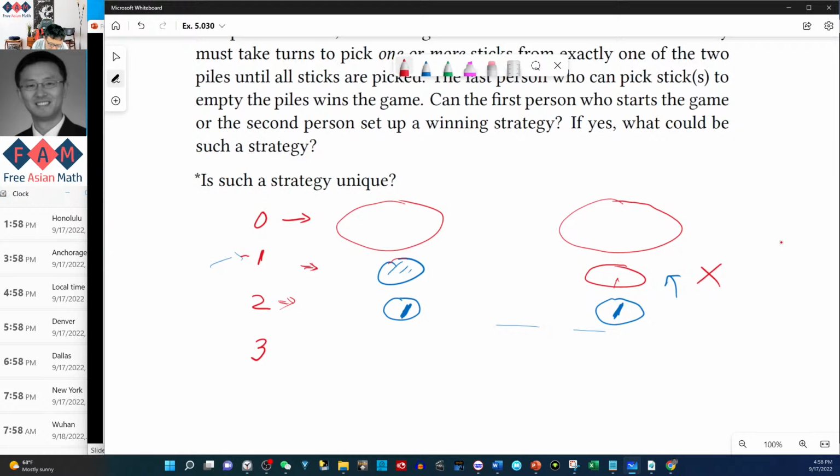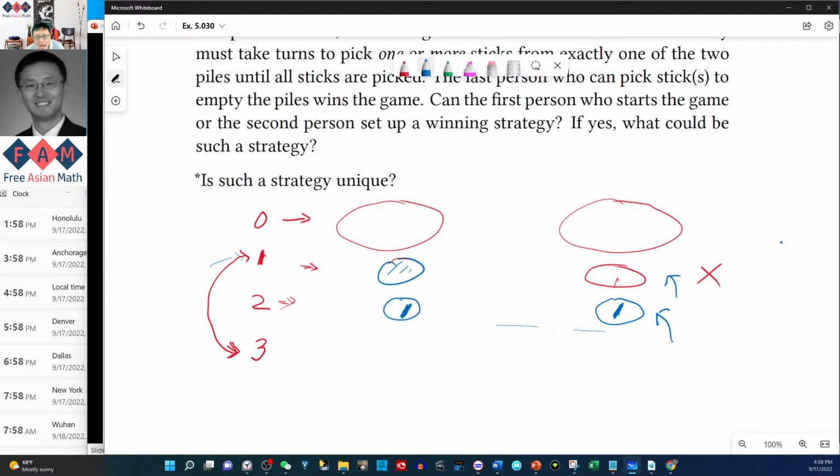Remember, this is now the winning player's pick, because we know this guy went. So now remember, this is the winning player's round. What did this guy do to force such a situation for the losing guy?